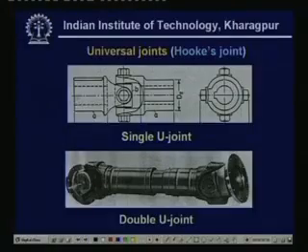Now what are the basic principles here? This is a part of the shaft, and here we have another shaft. This is shaft 1, this is shaft 2. They are connected by means of what is known as the Cardan pair or some kind of pin. That pin looks a little odd. This is not a single pin.